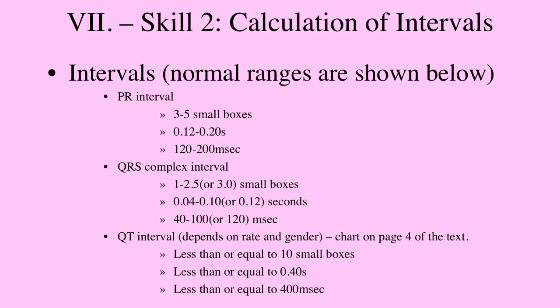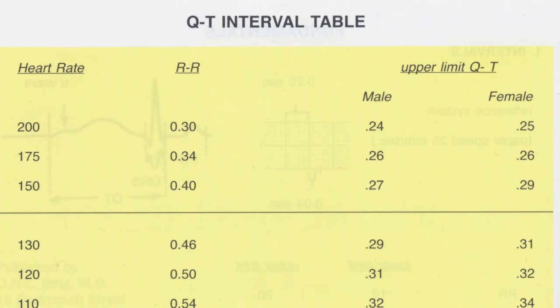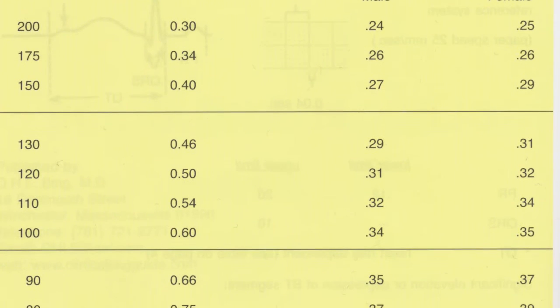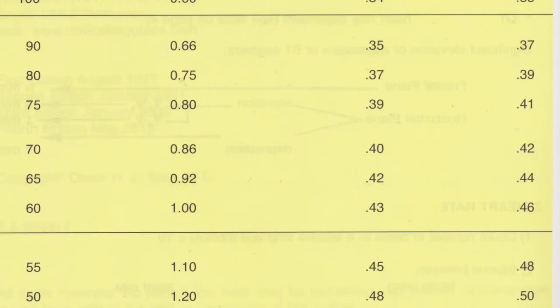There's a chart on page 4 in the text, in small text that you can look at, where it shows the QT interval against the rate, and you should just know the trend on this, not necessarily the exact numbers: as the rate gets faster, the QT interval should get shorter. As the rate gets slower, then it can be longer.